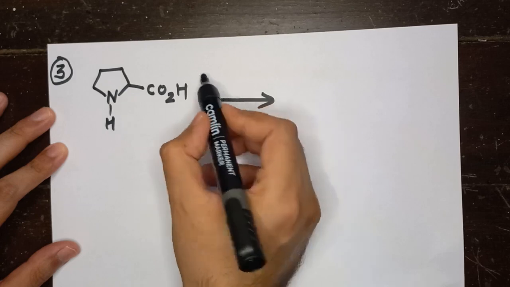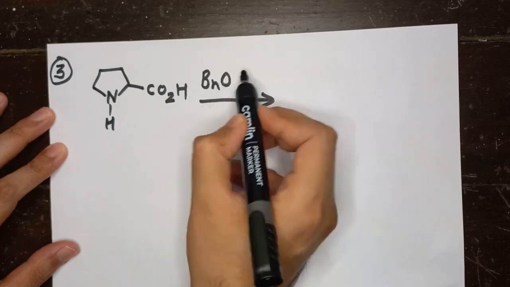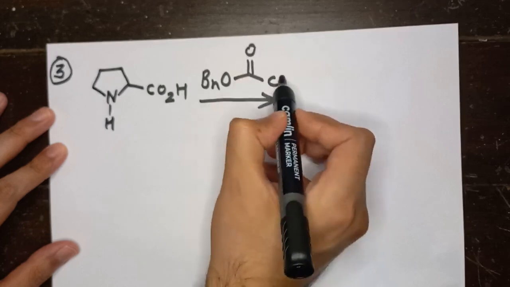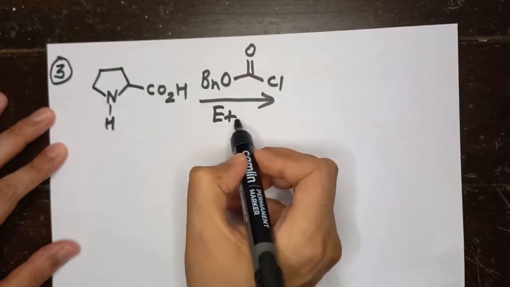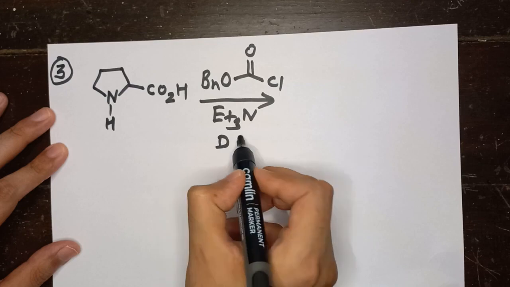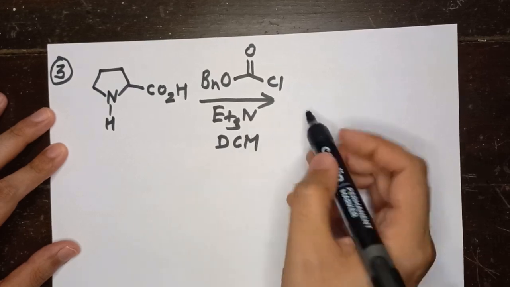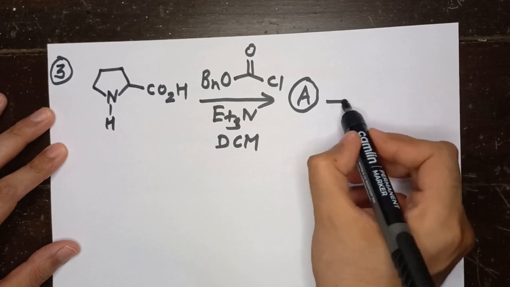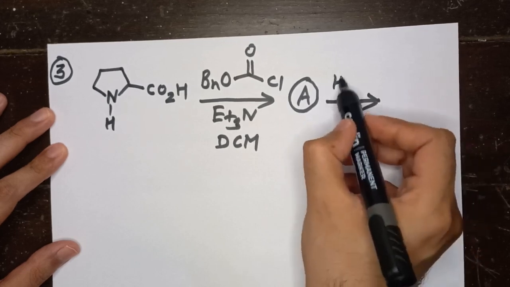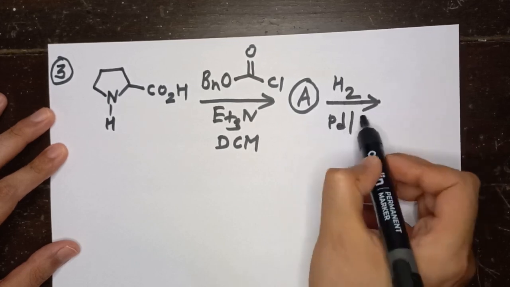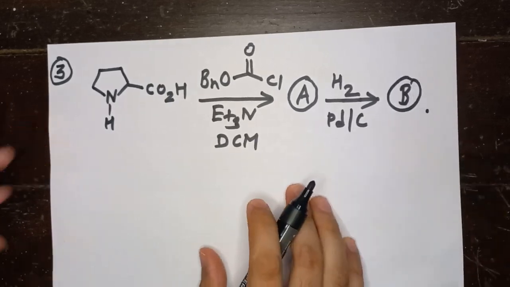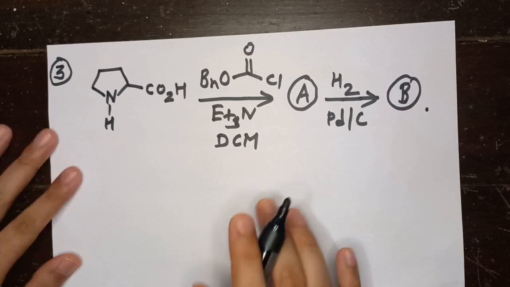So in first step, we are reacting this molecule with this particular reagent in presence of triethylamine and DCM as a solvent and we are getting A. Then this A in presence of hydrogen and palladium supported on carbon we are getting B. So the reaction is straightforward.